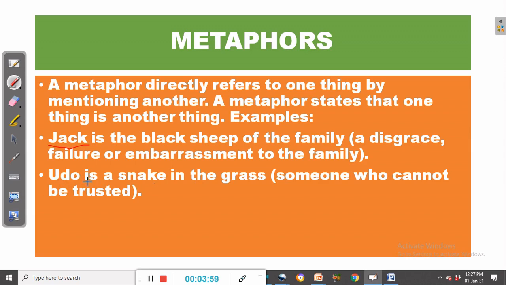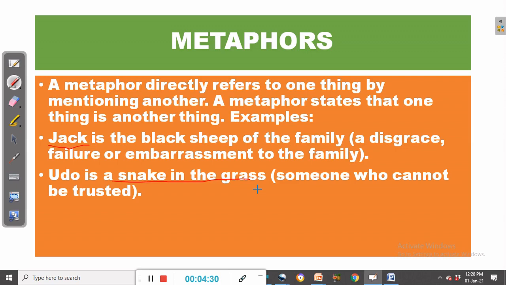Now, the second one, Udo is a snake in the grass. So here you discover that Udo is mentioned, and when this statement says that Udo is a snake in the grass, you need to figure out what is the possible meaning of a snake in the grass. What kind of mental picture does it give you? A snake in the grass is capable of doing anything, right? It can break out from any place.